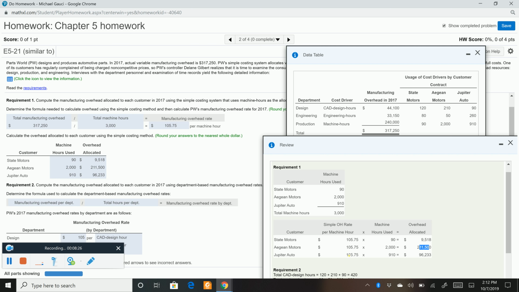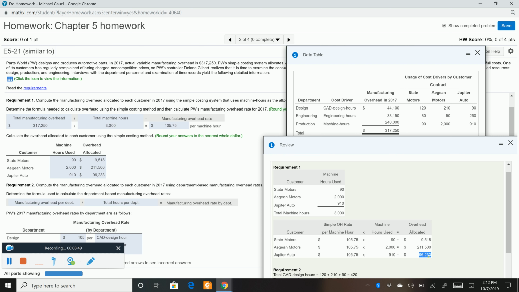And Jupiter Auto, 105.75 times 910 hours equals 96,233. If you add these three numbers up, you will get your $317,250.